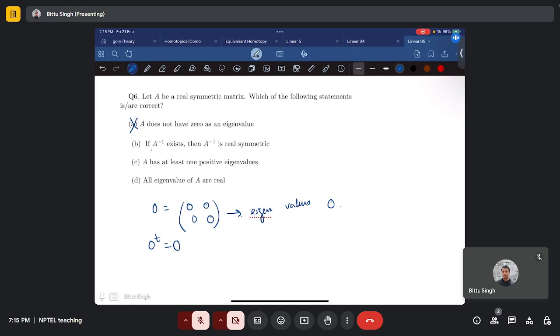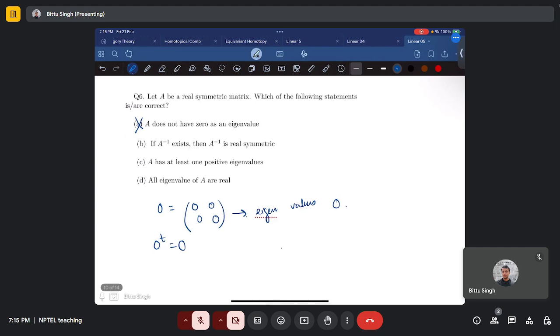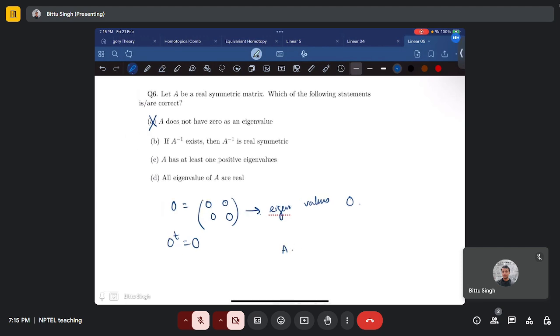Now, if A inverse exists, then A inverse is also real symmetric. Is it true or false? Let us check. Given A is real, then clearly if the inverse exists, then A inverse is also real.